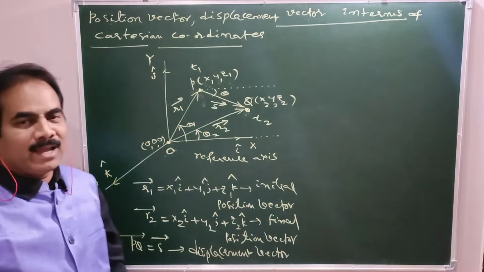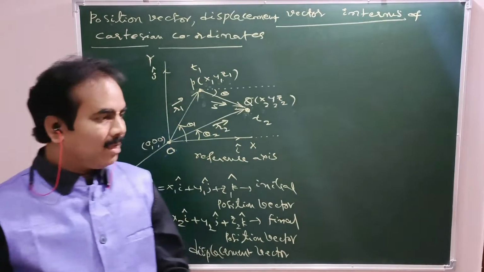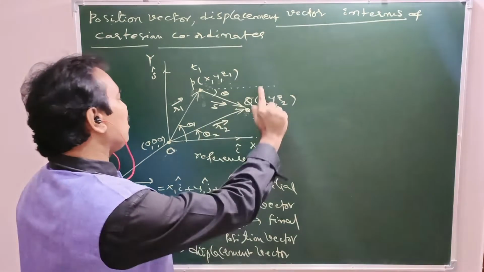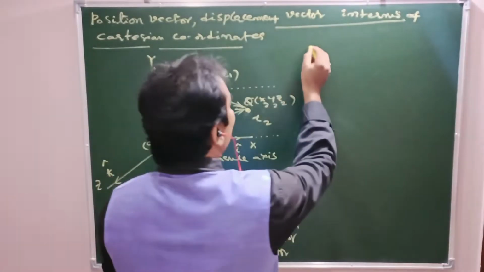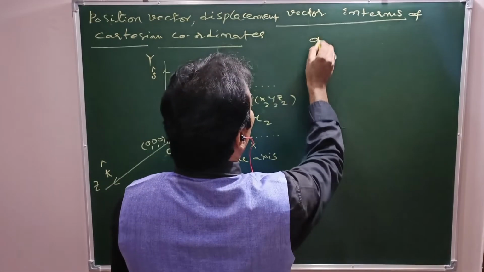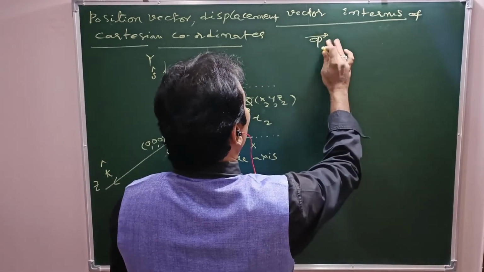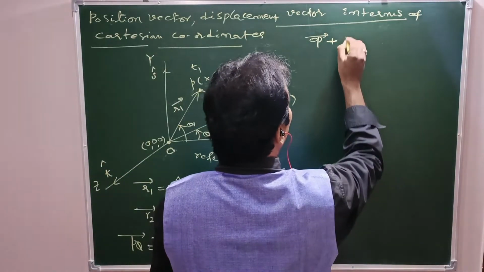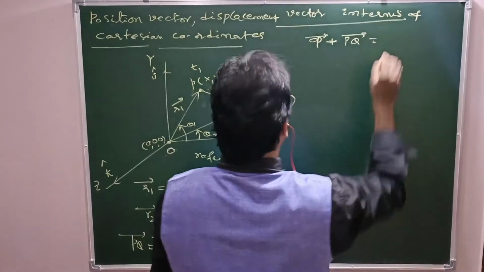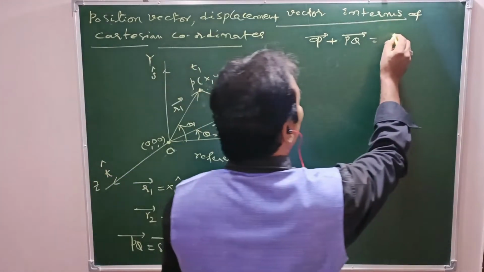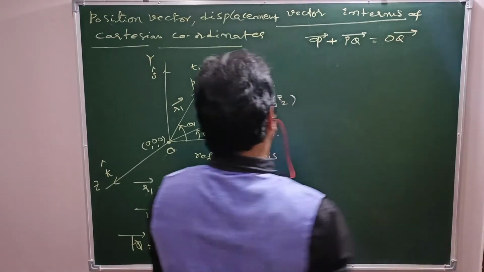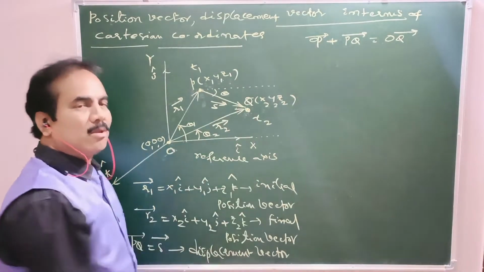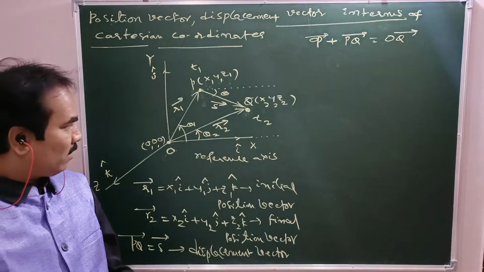So that is the reason why, in terms of vector notation, we can write OP bar plus PQ bar equal to OQ bar. Why take it like that?